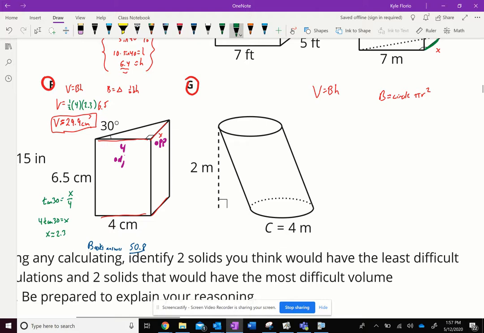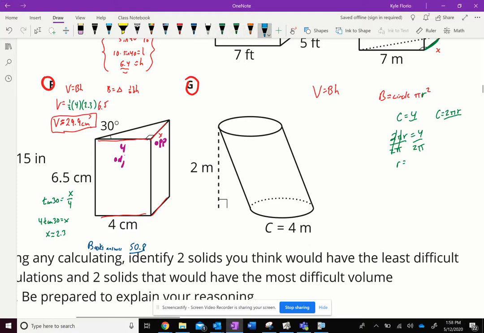So to find r, I know that the circumference is 4, and the formula for circumference is 2 pi r, 2 pi times the radius. So the circumference is 2 pi r. That's equal to 4. Just divide both sides by 2 pi.